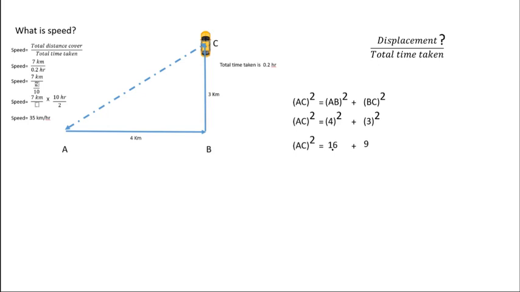So 4 square is 16 and 3 square is 9. That becomes AC square is 25, and therefore AC is equal to plus or minus 5 kilometer. So this displacement is 5 kilometer. Now suppose you put this value here, 5 kilometer, and time remains the same, 0.2 hour, what will be the answer?